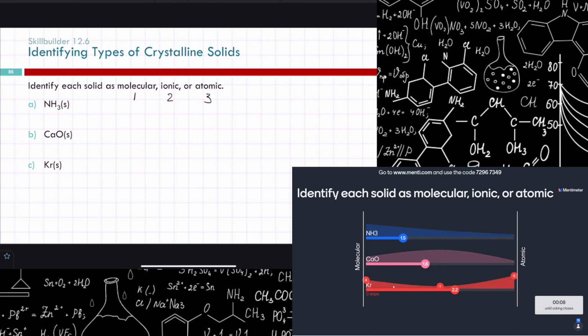If something else, like carbon, so if it was carbon solid, that would be a covalent atomic solid.